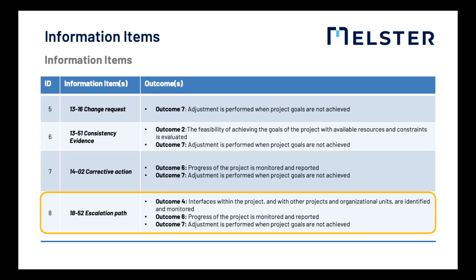While the quality assurance path is for quality problems only, and they will escalate to the quality department, the escalation path coming from project management is applicable to any deviation or problem which may occur in the project. And this escalation in project management will typically be done along the line of organization.